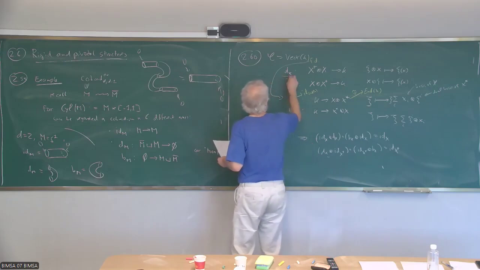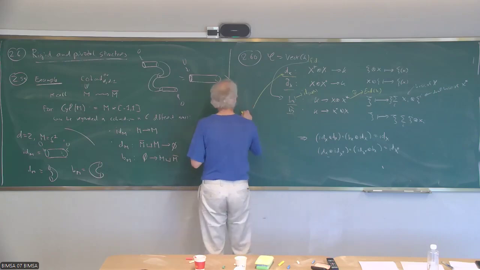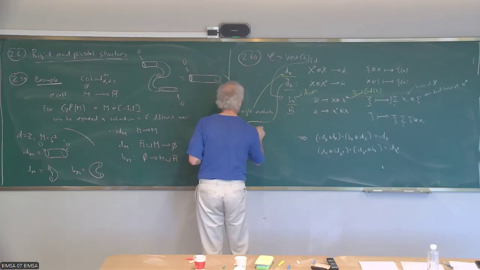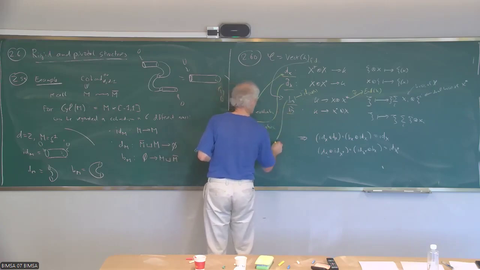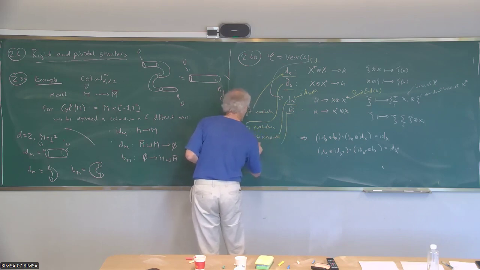And then you show this, and then what you call these maps, well, I call them right evaluation, respectively left evaluation, and these here right co-evaluation and left co-evaluation.